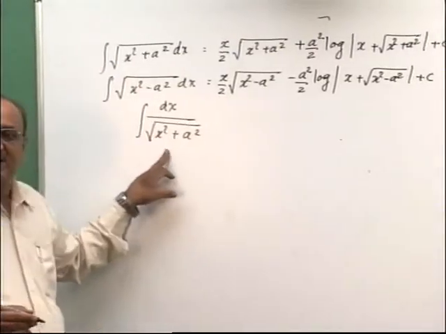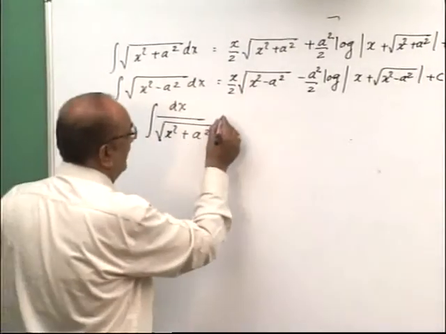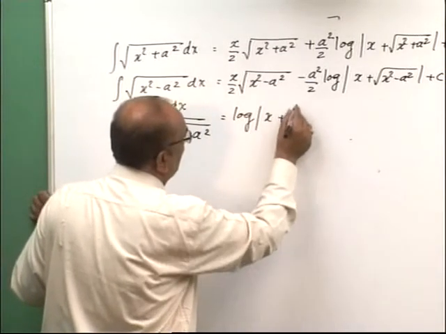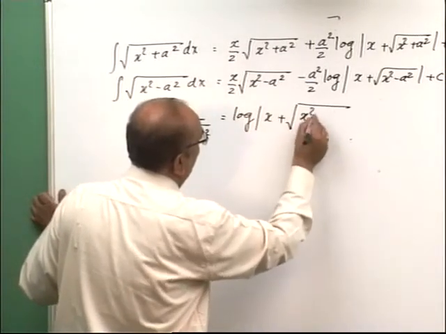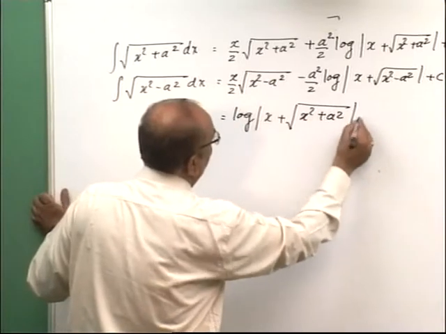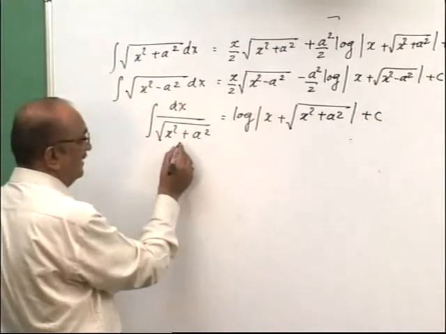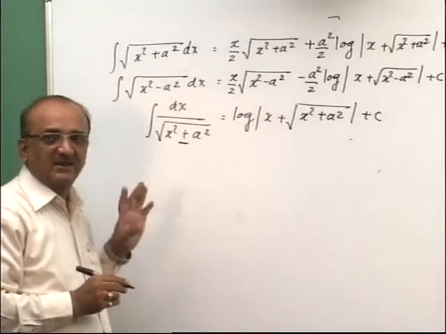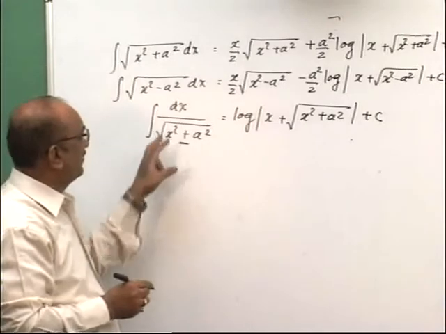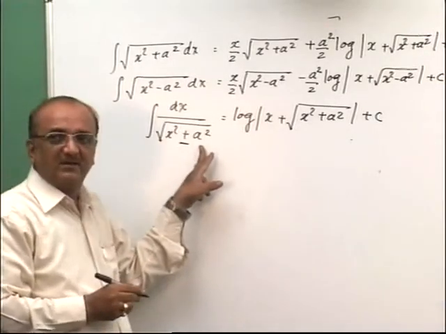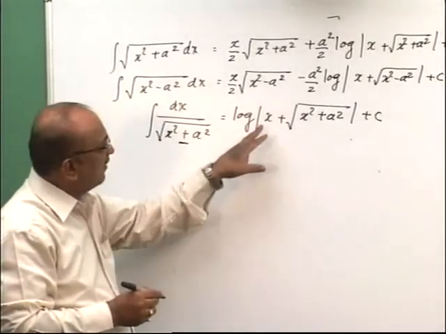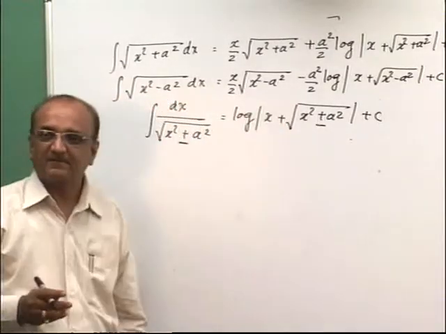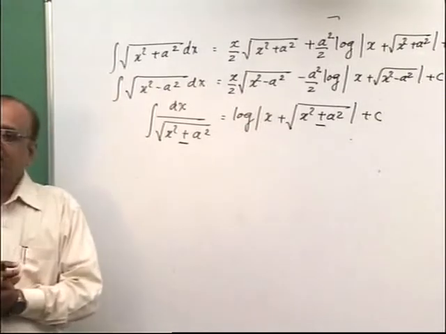It equals logarithm of modulus x plus square root of x squared plus a squared, plus c. And if dx upon root of x squared minus a squared is given, then you may write the form logarithm of x plus root of x squared minus a squared, plus c. Right?